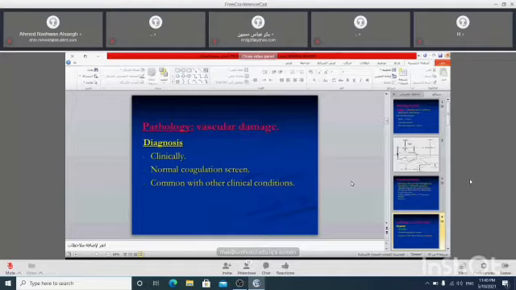Coagulation screen تجيب complete blood count and platelet count. Bleeding time, it is important to do bleeding time. طبعا bleeding time كلش مهم for platelet disorder. If there is reduction in the platelet count, there is prolongation of the bleeding time.